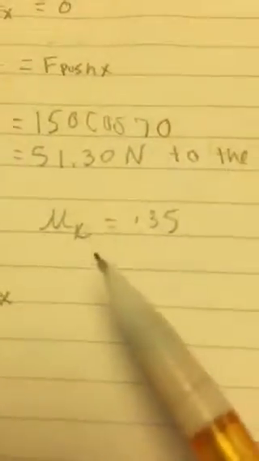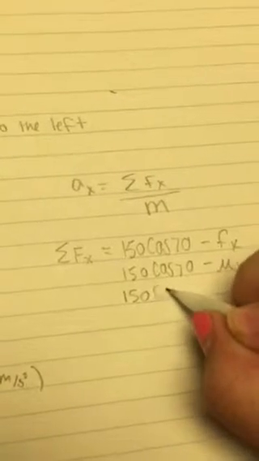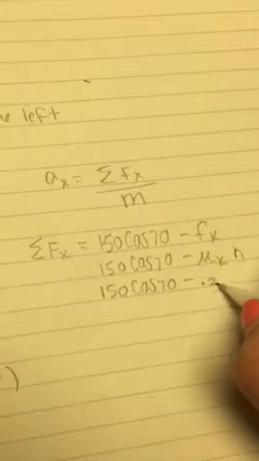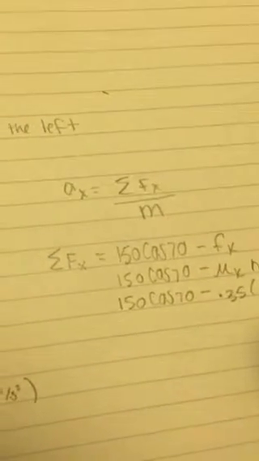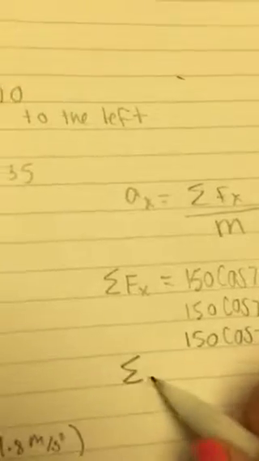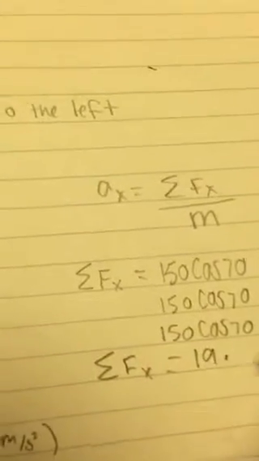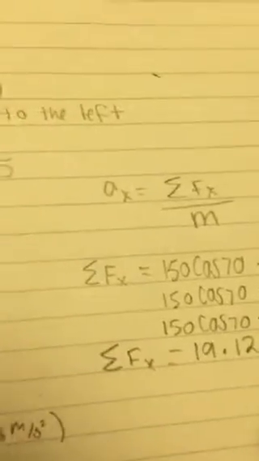We already found what the normal force was, and we were given a new mu sub k, so we just plug those in. And we get that the sum of the forces in the x direction is 19.12 newtons.